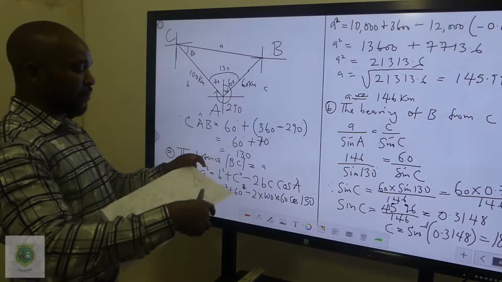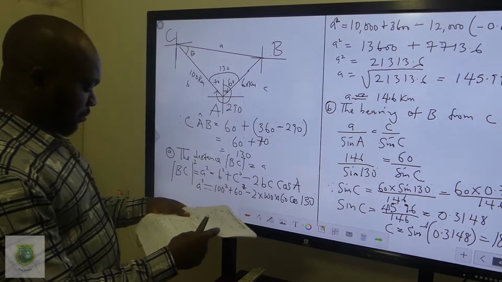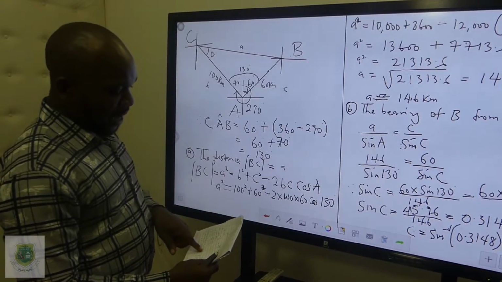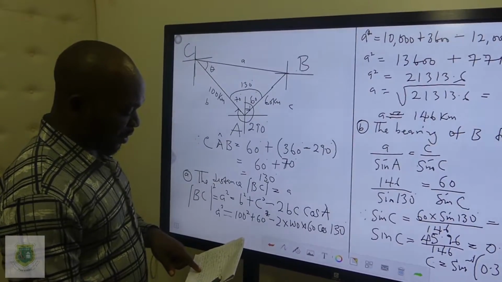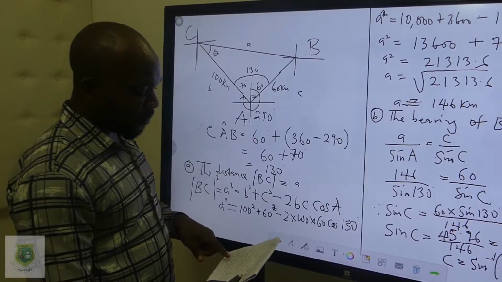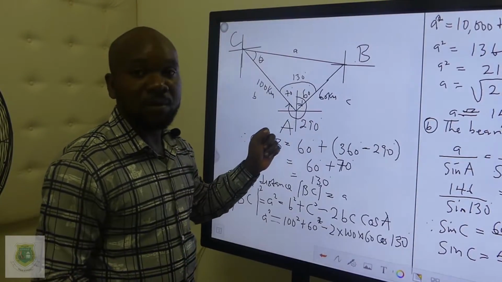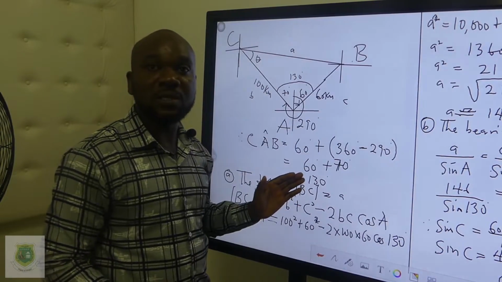Then let us see how the solving is. Look at it here. You still remember the question? Three towns A, B, and C are situated so that AB equals to 60, AC is equal to 100. The bearing of B from A. You first of all draw this line. You first of all make 4 cardinal points.